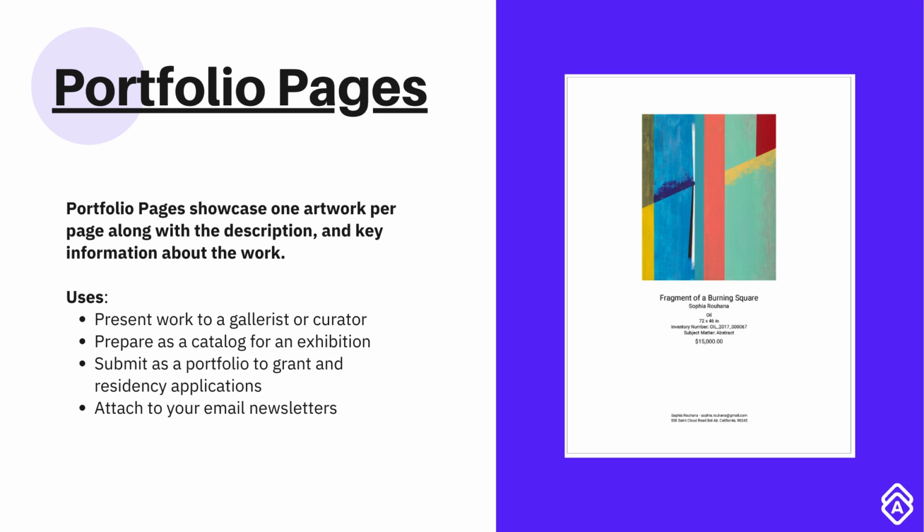Or you can filter to include only your newest work and share the PDF in your monthly newsletter. There's so many ways that this report can really save you time. And ultimately, it provides a really professional first impression of your work.